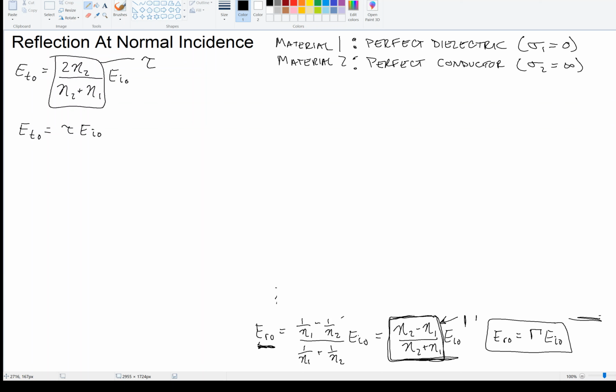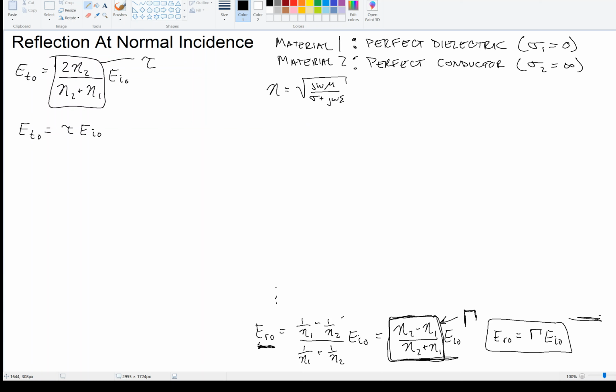I want to be clear: this definition of gamma down here is true in general, and this definition of tau up here is true in general. Now I'm working on a specific case just to gain some insight into these equations. If you recall, the intrinsic impedance of a material is the square root of j omega mu over sigma plus j omega epsilon.